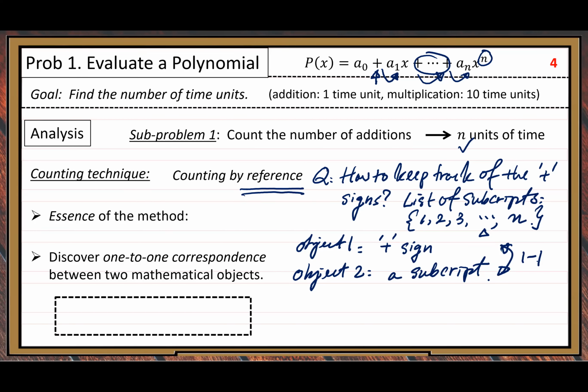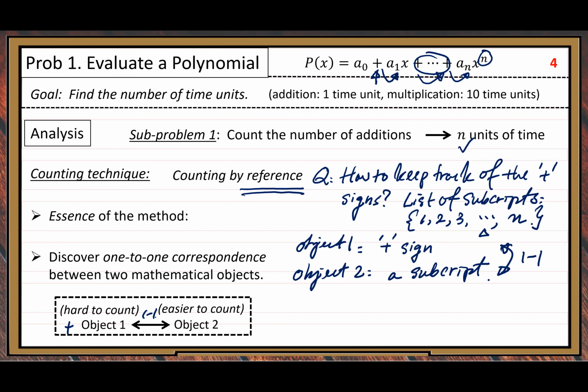When we do the counting, we have object 1 and object 2 in one-to-one correspondence. Object 1 is hard to count; it is hard to keep track of all those objects, like the plus signs. But object 2 is easier to count, because it is not hard to keep track of all these objects.